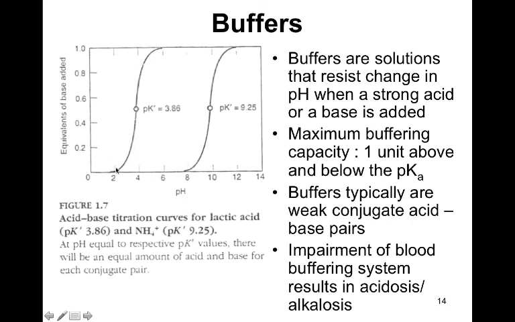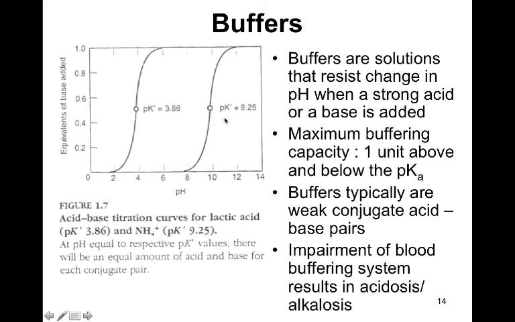However, beyond that range, the pH fluctuates very rapidly, even with the minute addition of some base. So below 2.8, even minute addition of the base is changing the pH. You'll see how this steep line indicates a steep change in pH. Likewise, above 4.8.